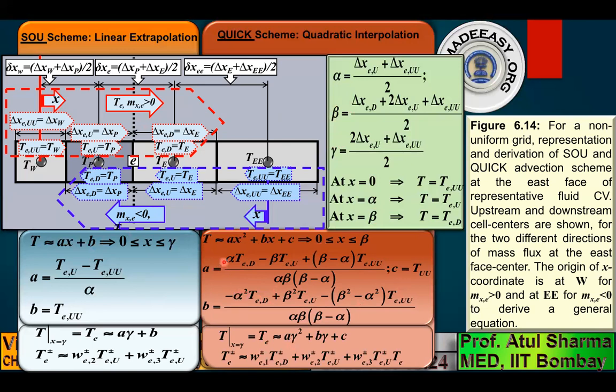When we substitute in this expression gamma, which is equal to A gamma square plus B gamma plus C, finally we obtain this expression, which represents the temperature at the faces. This slide shows you the derivation, and it is not complete. In the next slide, I will show you the expression for these weights, but this is how you derive.